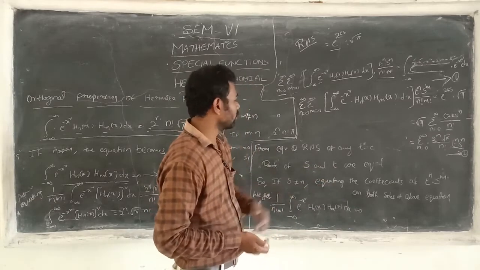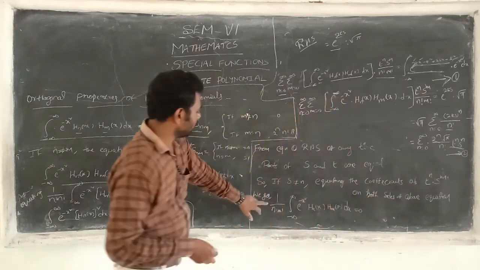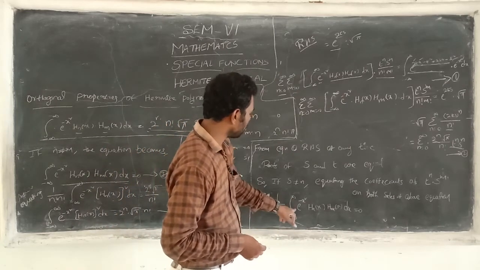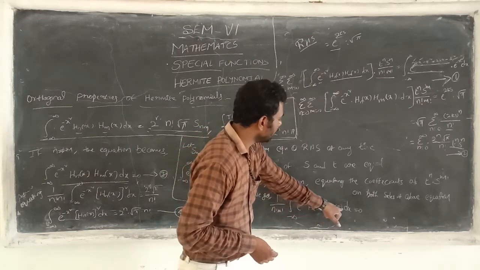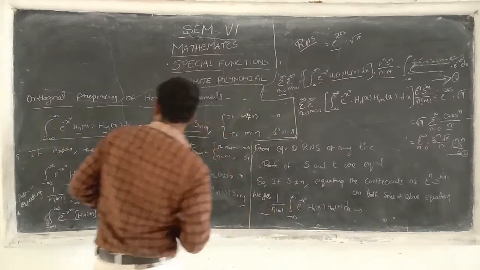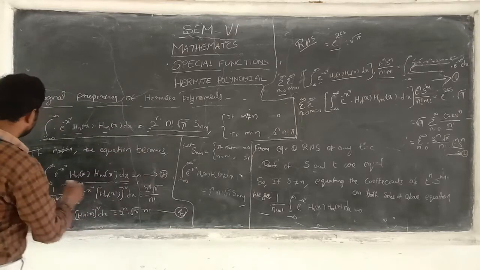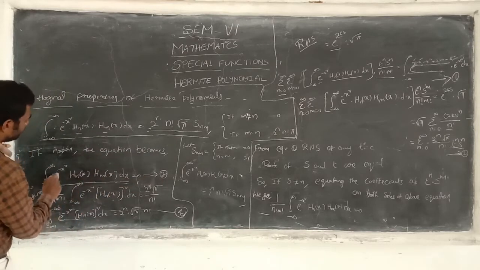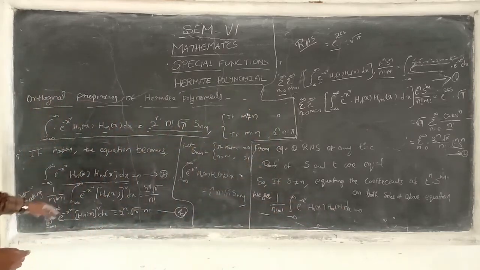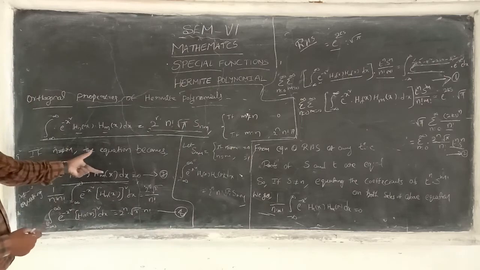Suppose s is not equal to t, then equating the coefficients of t^n and x^n in the above equation, we get 1 by n factorial into m factorial times the integral from minus infinity to plus infinity of e^(−x²) Hn(x) Hm(x) dx equal to 0, because n is not equal to m. So that is equation 3.